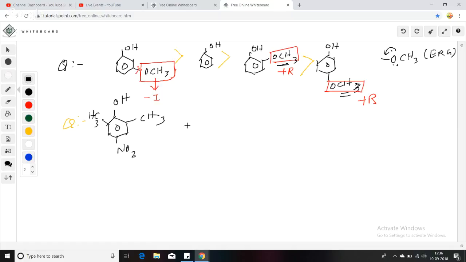Now in the second compound, suppose I change the position of CH3: CH3 here, NO2 here, and OH here. Now in these two, which one is more acidic?